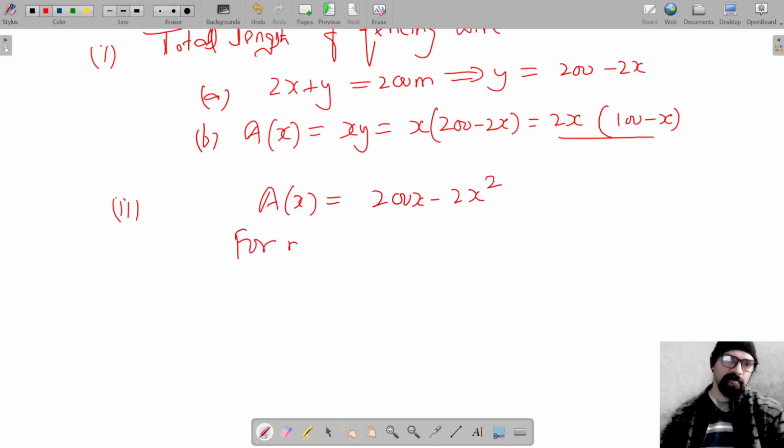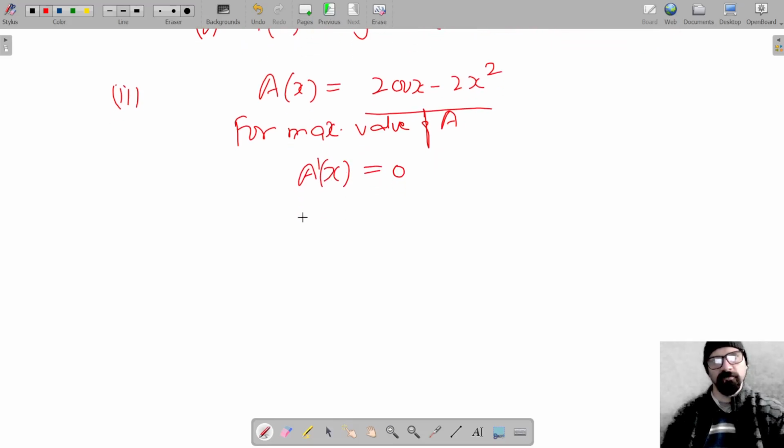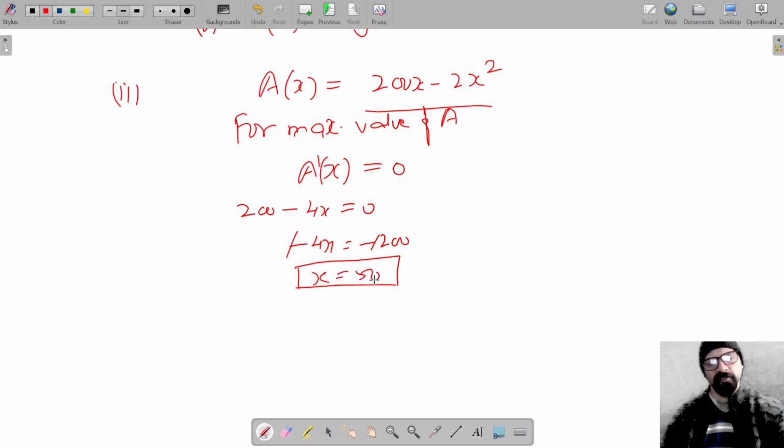For the maximum value, A'(x) should be equal to 0. Its differentiation is 200 minus 4x equals 0, which gives negative 4x equals negative 200, so x is equal to 50.